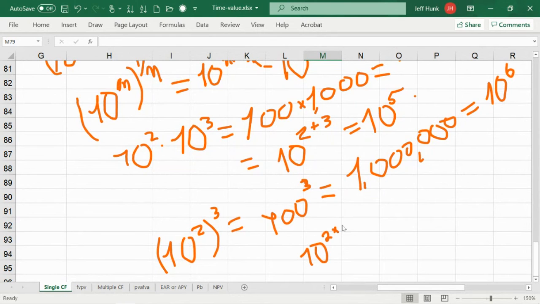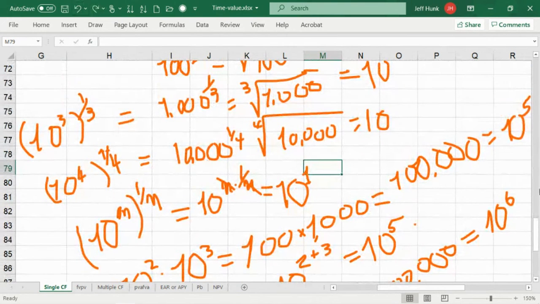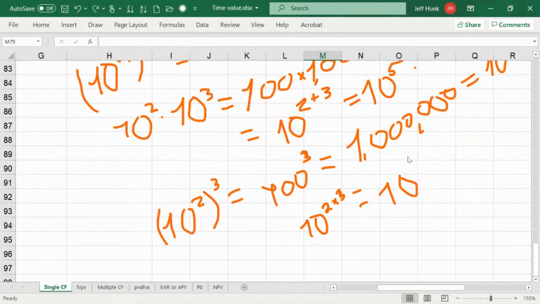So you multiply those exponents, then it's 10 to the sixth power, right? Which is exactly 1 million, right?